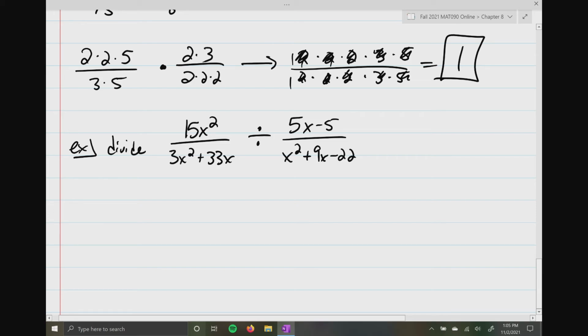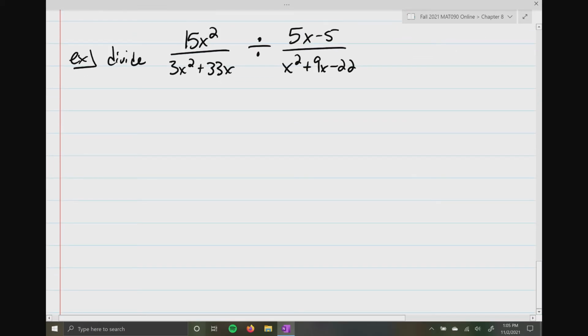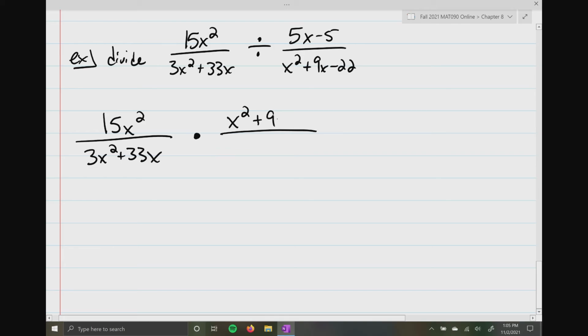So first and foremost, you are dividing two rational expressions, which means we're dividing fractions. So we rewrite the first fraction. Division changes to multiplication. And then we're going to flip, or reciprocate, the second fraction. So the denominator is now the numerator, and the numerator is now the denominator.